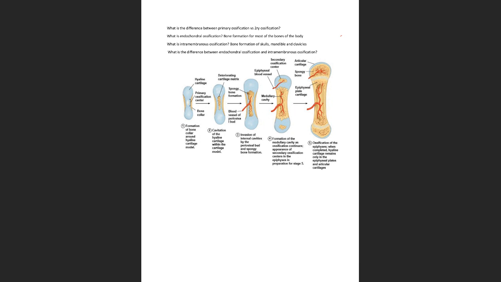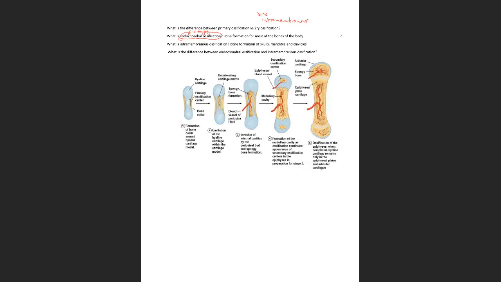This is one type of bone formation. The second type is known as intramembranous. So whenever you hear primary ossification and secondary ossification, know that they're talking about endochondral ossification.